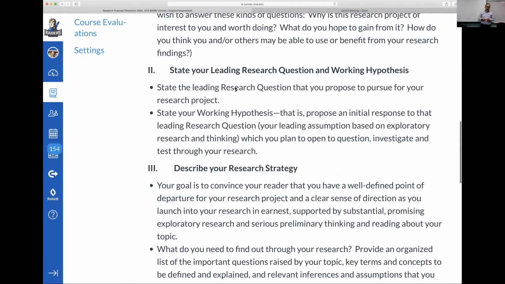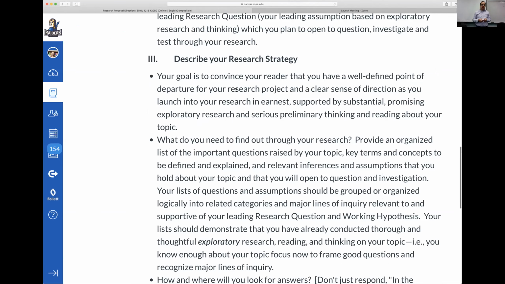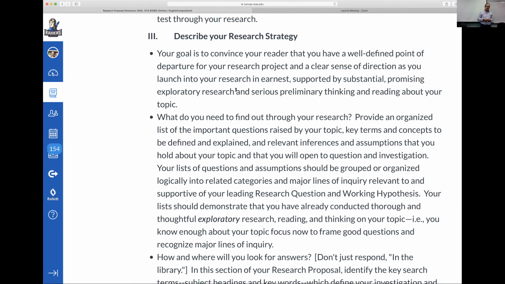And then the third section describes your research strategy. So you talk about the sources that you found thus far. You talk about your plans to find new ones. So this is where you talk about keywords that you're using to search for, the major research questions that you need to answer regarding maybe the history of your topic, and where you're going to take it.